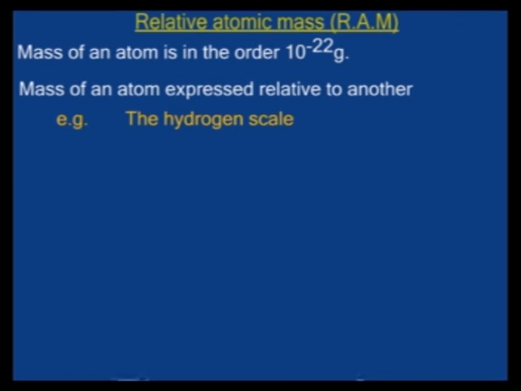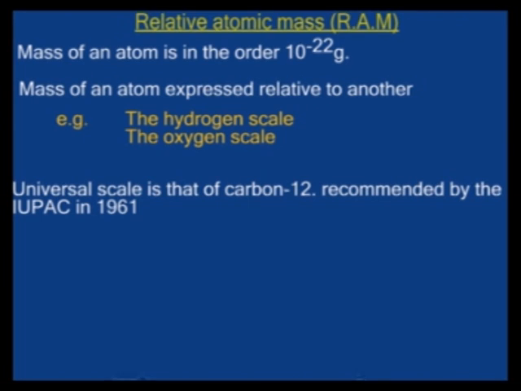The hydrogen scale would, however, later be replaced by that of oxygen in the beginning of the 20th century, but this was also later dismissed due to oxygen having many isotopes. The International Union of Pure and Applied Chemistry, IUPAC, in 1961 recommended a scale based on carbon-12. This carbon isotope weighs exactly 12 atomic mass units and is readily available.